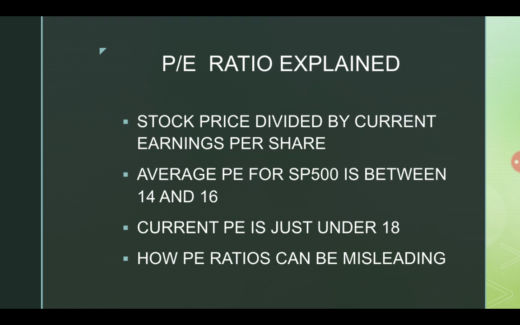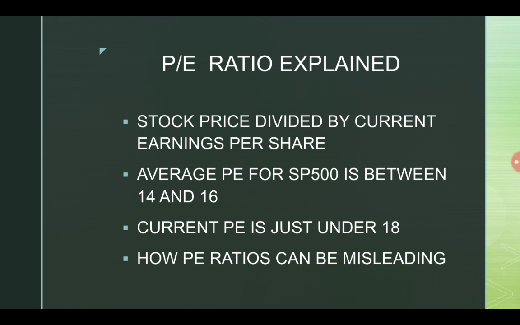The current PE is just under 18. So judging from where the S&P 500 is right now, it would require at least a 20% drop for it to reach fair value, and a 33 to 44% drop for it to be considered cheap.